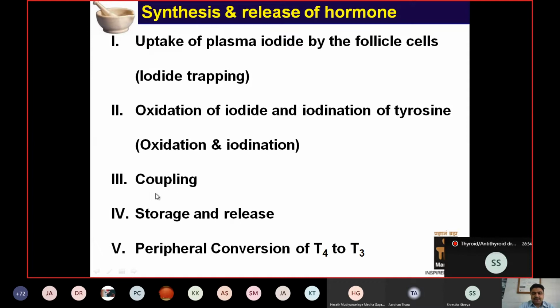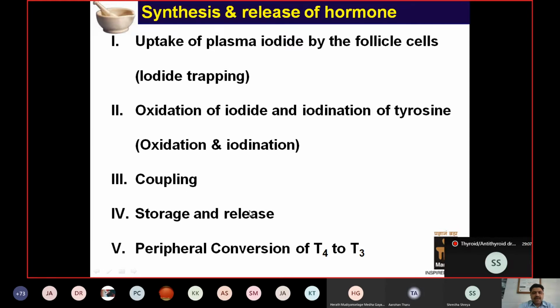After coupling, all these hormones are stored, and whenever there is a requirement, it is released. The requirement is sensed by the hypothalamus and anterior pituitary, and that is why the anterior pituitary will secrete thyroid stimulating hormone, which will cause the release of the thyroid hormone.